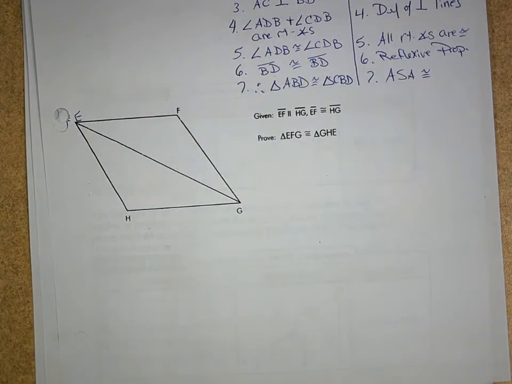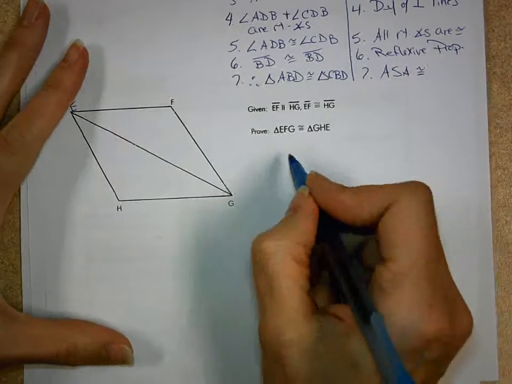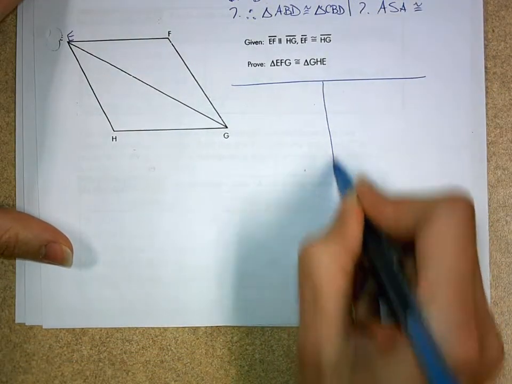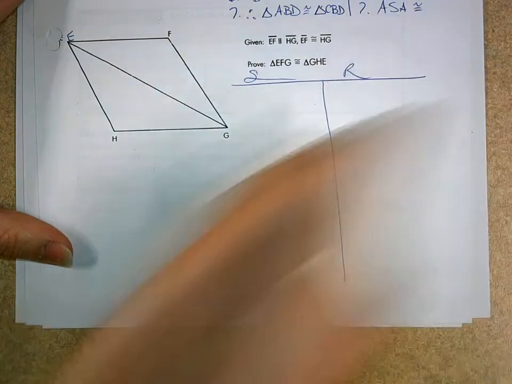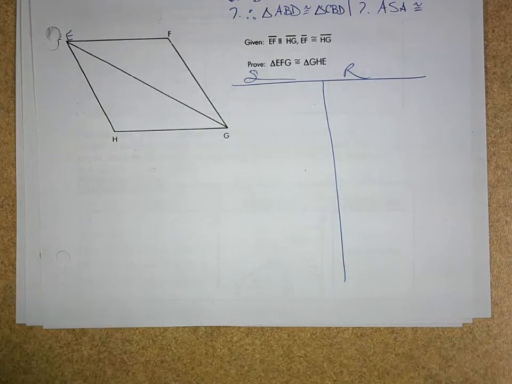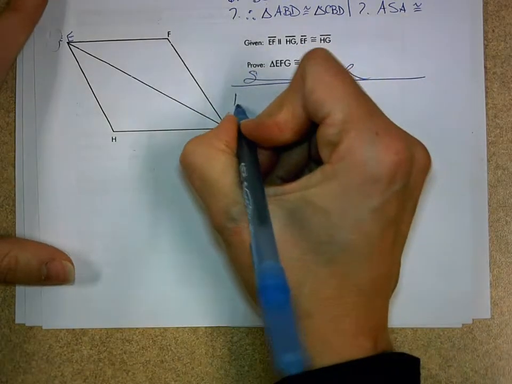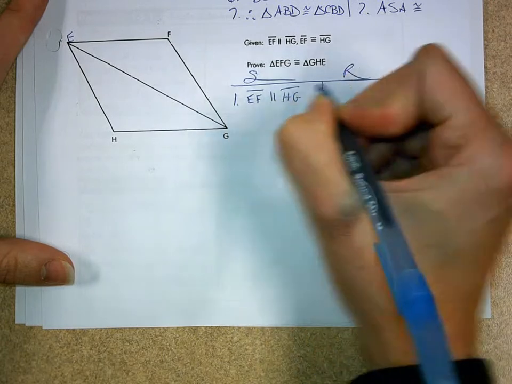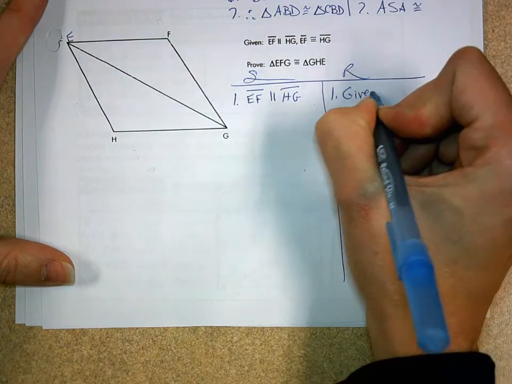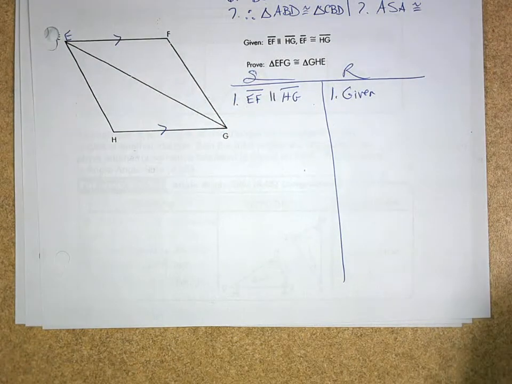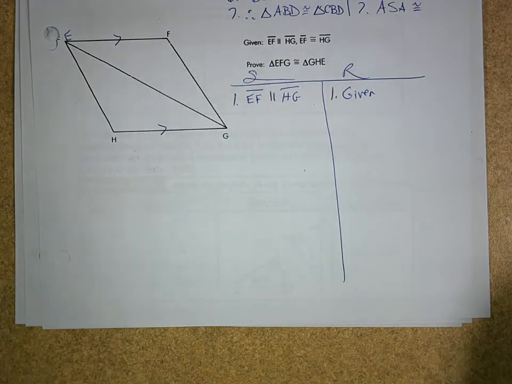The next one is we have this figure. We have EF, GH, and they tell us, and I'm going to again move this up a little bit more. Make sure I got my statement side, my reason side, and I'm going to make sure I mark up the diagram and remember which angles go with which. And so here's our first one. They tell us that EF is parallel to HG. I'm going to mark parallel. And the instant I hear parallel, I start looking for congruent angles, either corresponding or alternate interior normally.